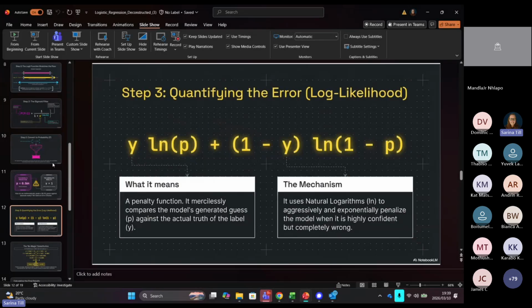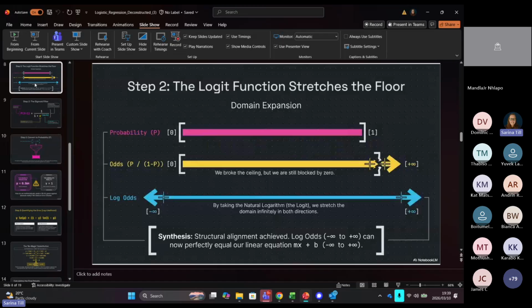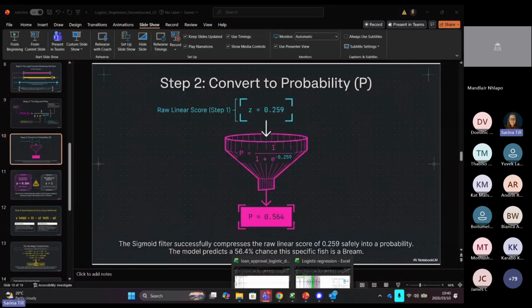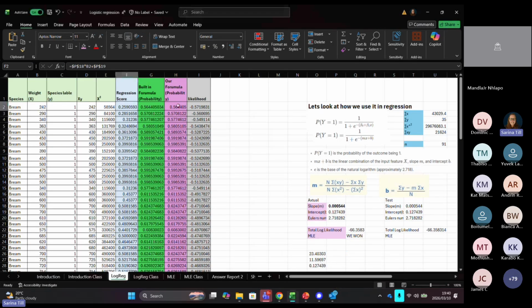So what this is all about, and where you're going to start reading up on this stuff, is explaining why we use sigmoid. Sigmoid can ingest, we can throw into this filter, a number from infinite negative numbers to infinite positive numbers, and it will whack out a 0 and a 1. So we always want to get back to a 0 and a 1. We could have stopped the class right here and you guys would have been fine, and been like, oh yeah, I just whack it in there. But when you start reading more on the internet, you're going to see it say calculate the log odds.